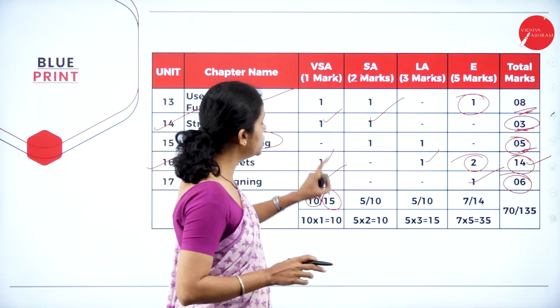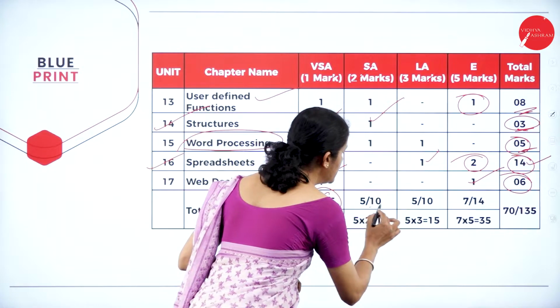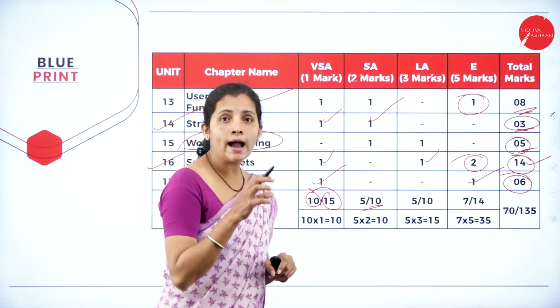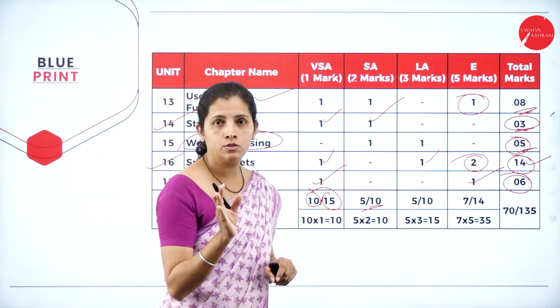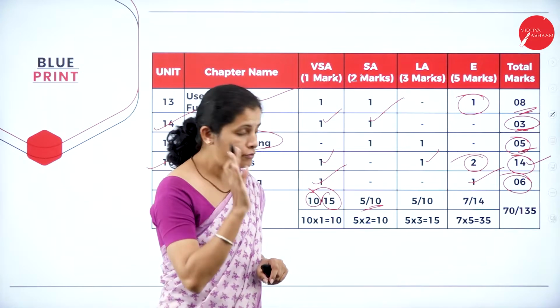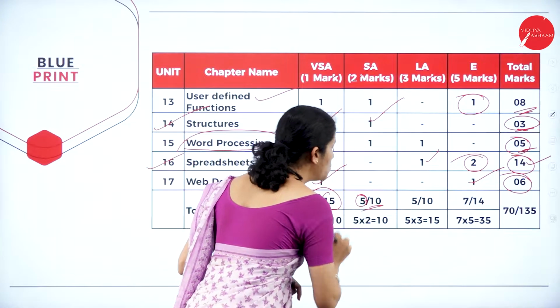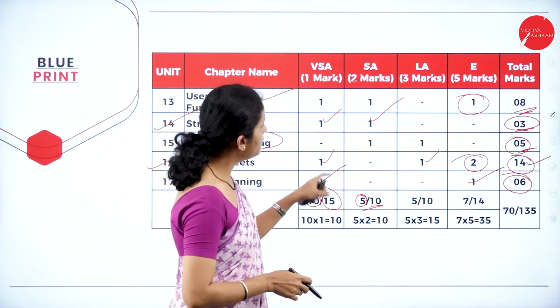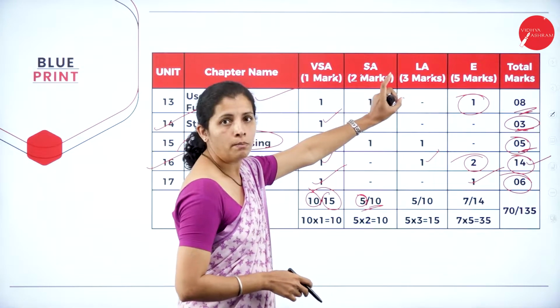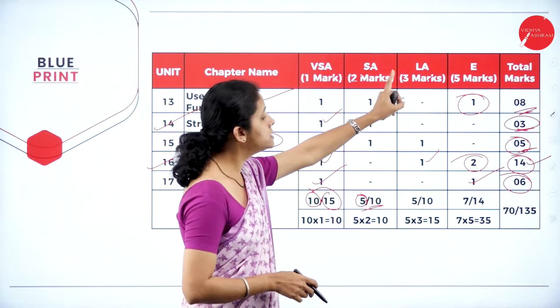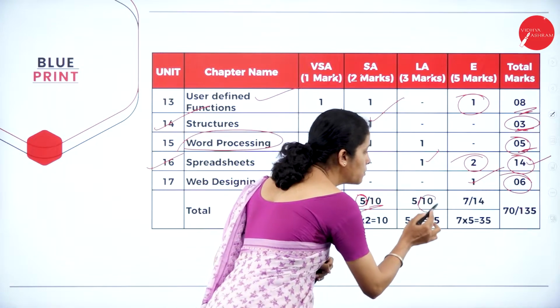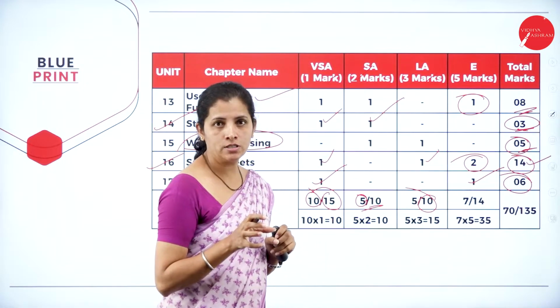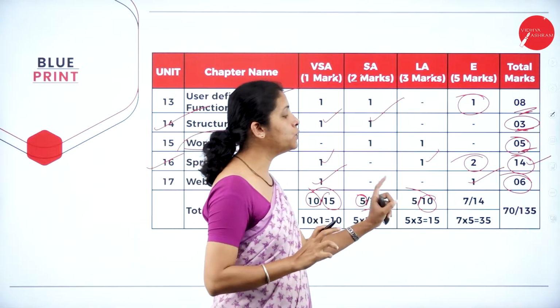And if I consider 2 marks, once again see here, I'm going to have 10 options. So I'm going to get 10 questions. Out of 10, I'm going to answer only 5. And if I consider 3 marks, that is part C, here also I'm going to get 10 questions. Out of 10, I'm going to attend only 5.